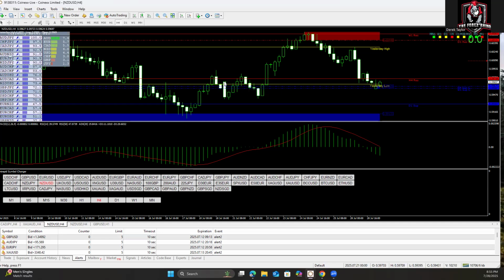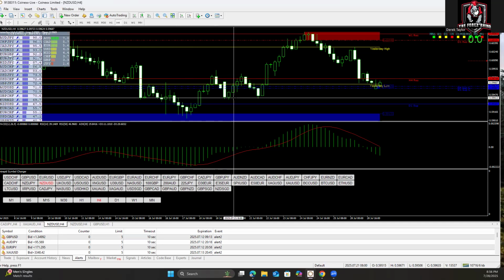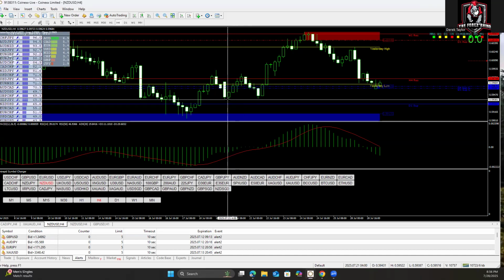And right here, they almost sent the trend the other way. But this level of structure here held the upper movement, and it continued in an upper movement.